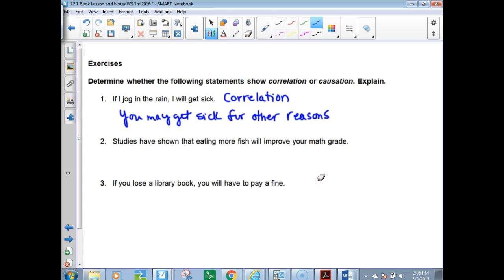So you may get sick for some other reason besides the fact that you went out in the rain, but I bet your mom told you probably. I mean, you're not guaranteed to get sick. I guess I better spell that with an apostrophe. You're not guaranteed to get sick because you jogged in the rain.